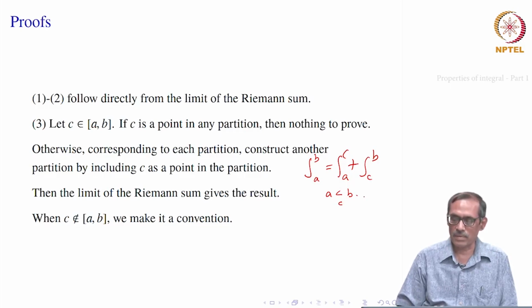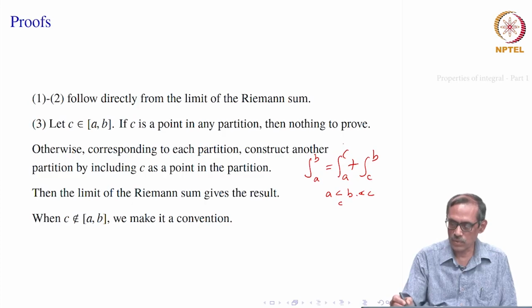Now, we will make it a convention that if c is outside this interval a to b, let us say c is bigger than b somewhere here, then a to c plus c to b will also be equal to this. That means along with this we assume that if c is bigger than b, then the integral from c to b equals minus the integral from b to c.